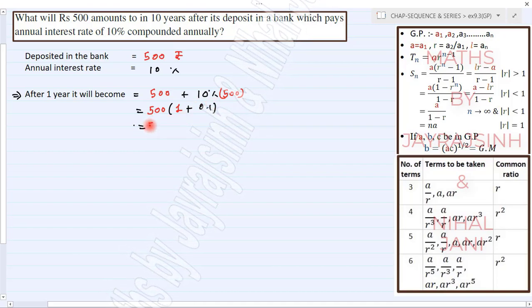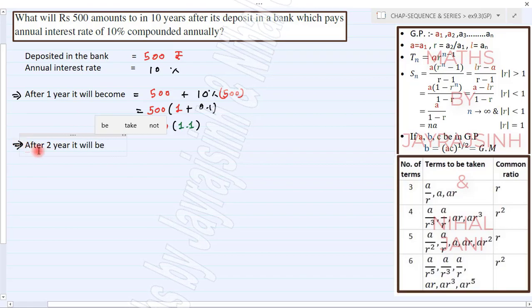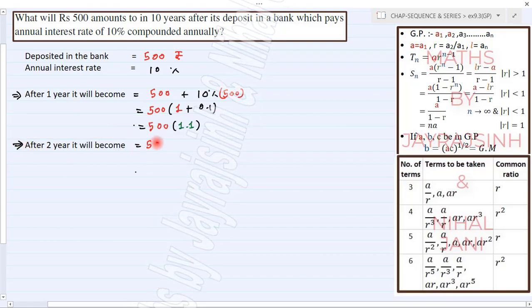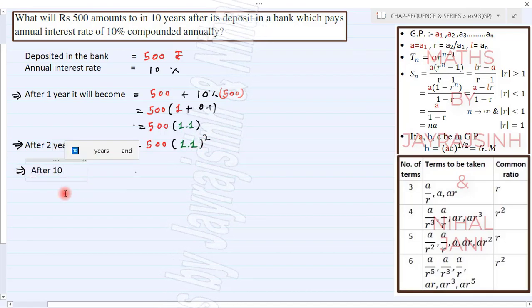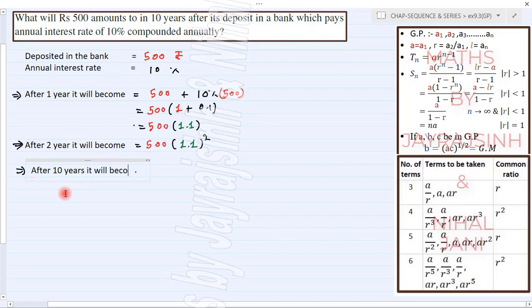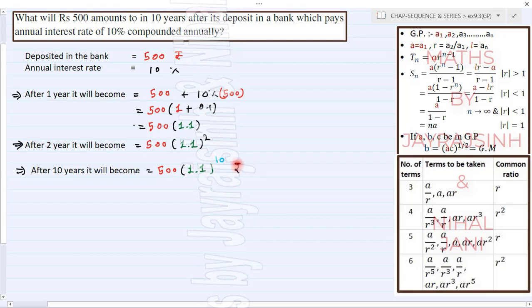So here we'll get 500 into 1.1. Similarly, after 2 years, it will become 500 into 1.1 raised to 2. So, after 10 years, your amount will become 500 into 1.1 raised to 10 rupees. Ta-da!